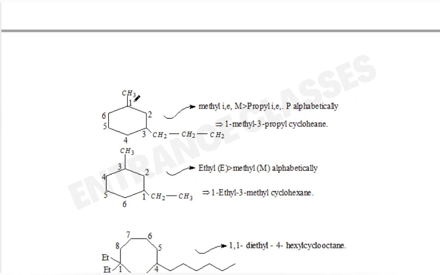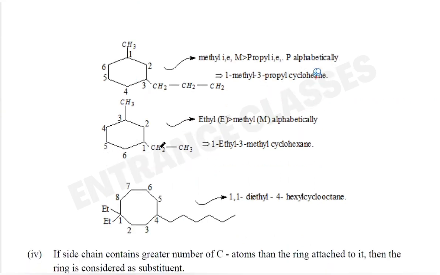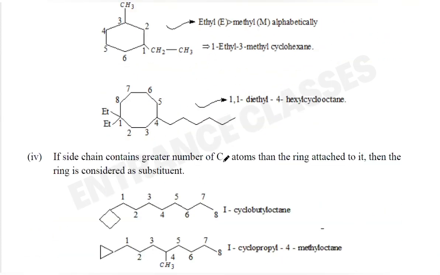That's why numbering in this order: 1, 2, 3, 4, 5. 1-methyl, 3-propyl cyclohexane. Okay, but here is methyl, this is ethyl. E has more priority over M. So here 1, 2, 3, 4, 5, 6. That is 1-ethyl, 3-methyl cyclohexane.